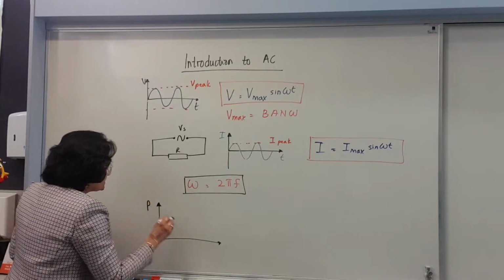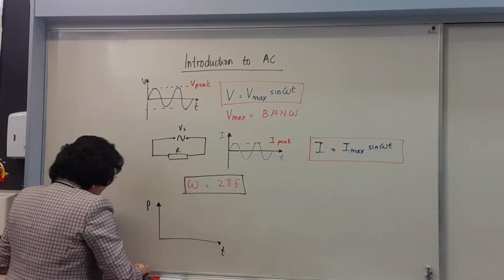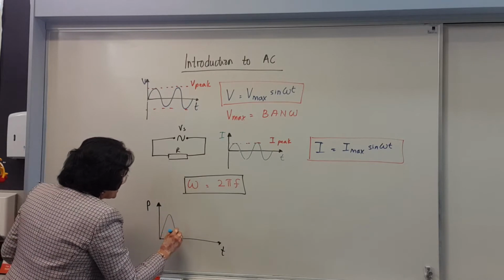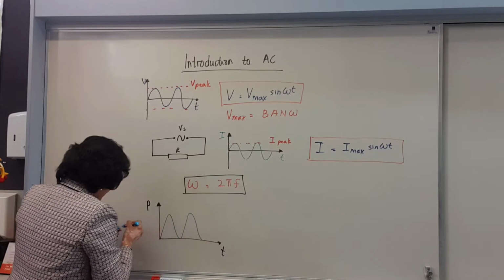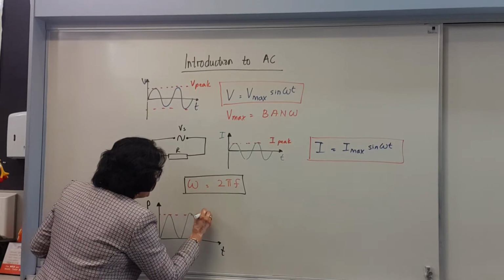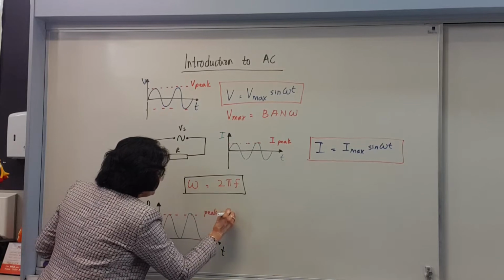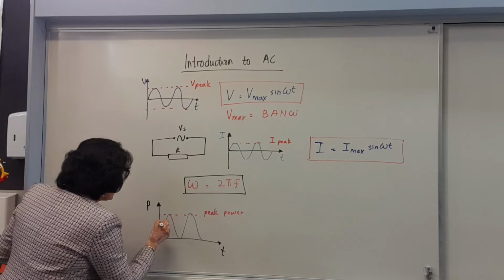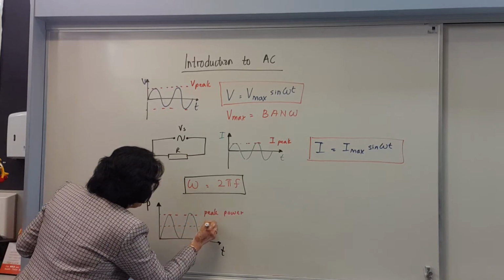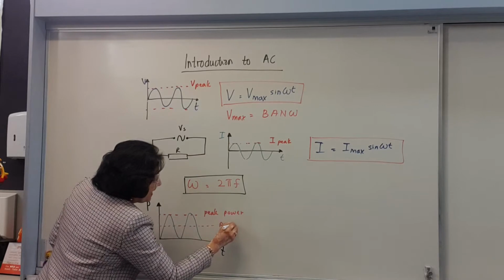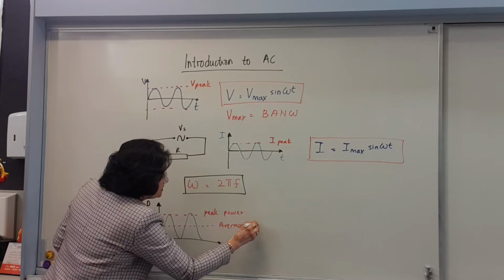It is always a positive value. So the graph of power against time will look like this. Okay? And where it peaks is called your peak power. And your average power, it's like dividing this whole thing into 2, so there's an equal amount above and below the x-axis. Your average power is actually half the peak power.